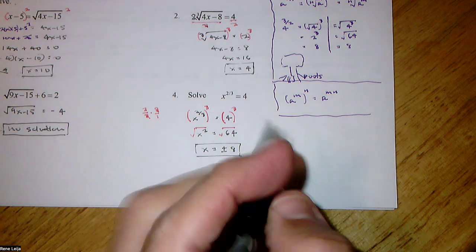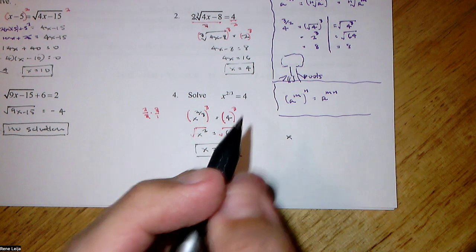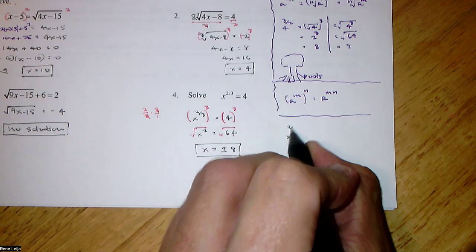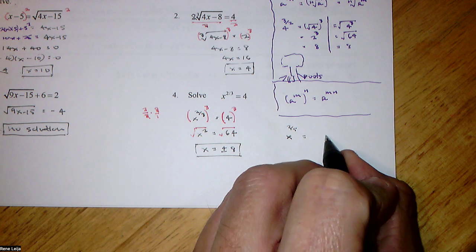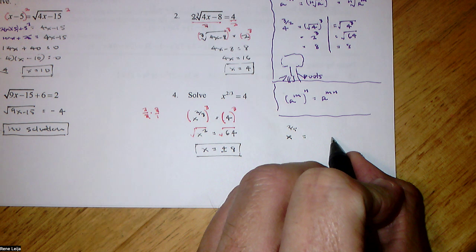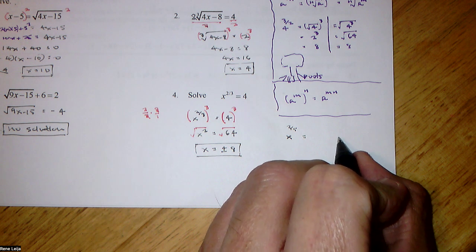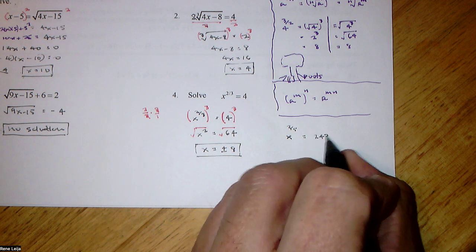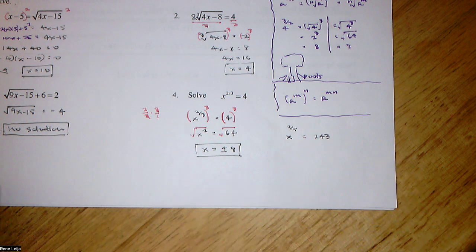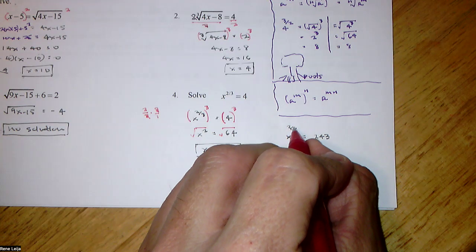So let's do another example. Let's take x to the 2/5 power equals, let's see, 243. Okay. So the first thing that I'm going to do is I want to get rid of this.